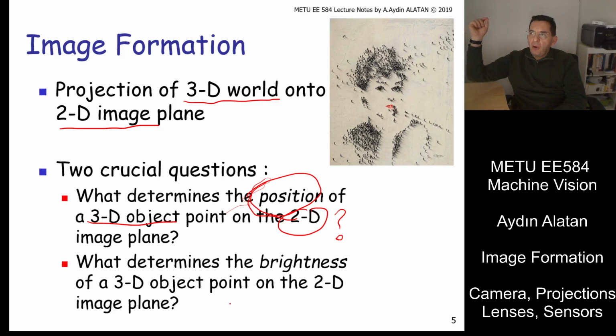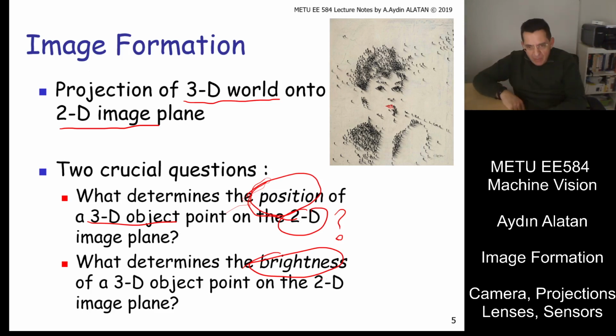I have a 3D point here. It goes to a pixel on the image, how is it determined? The second thing is brightness. There is a black or a red light. It goes there. How will the pixel value be? Therefore, the number that you obtain at that location.